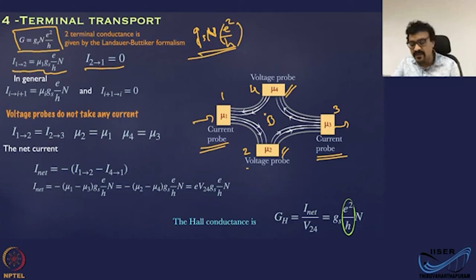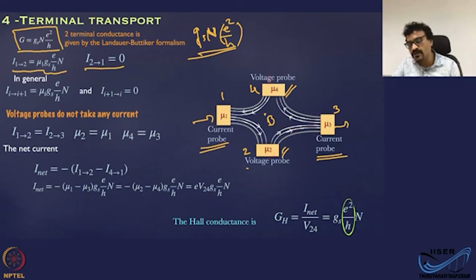Similarly, the current from 2 to 3 is whatever current goes from 1 to 2. All this current will go from 2 to 3 because the voltage probe cannot take any current. Whatever is here, all those electrons will go to 3. But now 3 to 2 is 0 because no current goes through this channel.